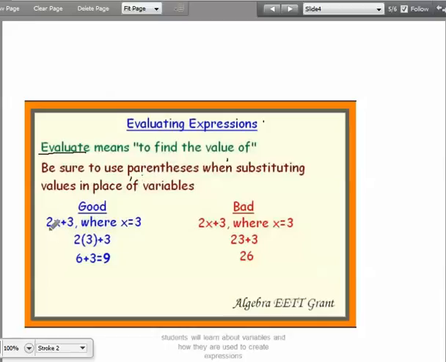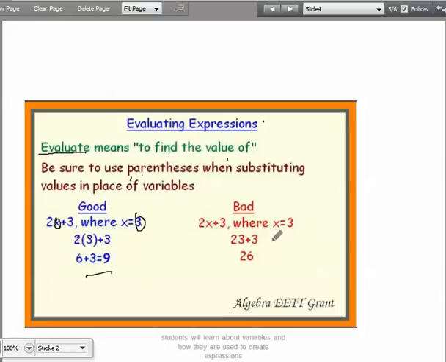So this one says 2x plus 3 where x is equal to 3. What they want you to do is replace this x with this number 3. So they write 2 and then they put parenthesis 3 parenthesis. That's showing that I've put this 3 in where the x was. Plus 3 at the end. So 2 times 3, that's 6, plus 3 is 9. So that would be a good way of doing it.